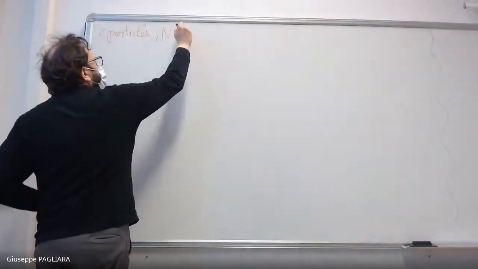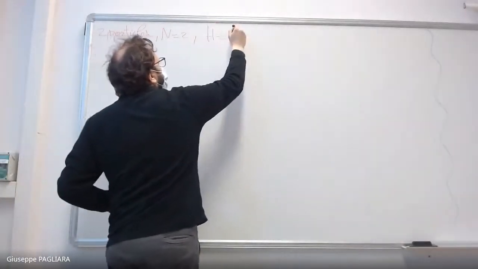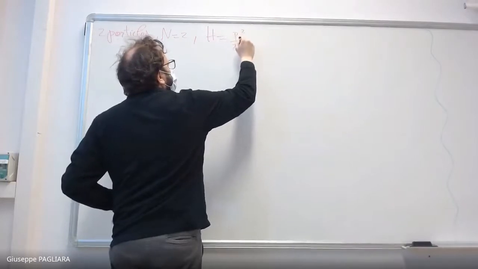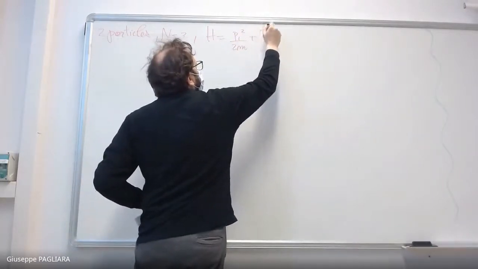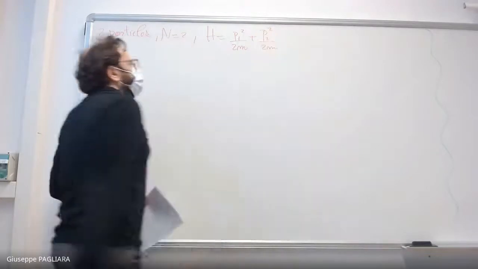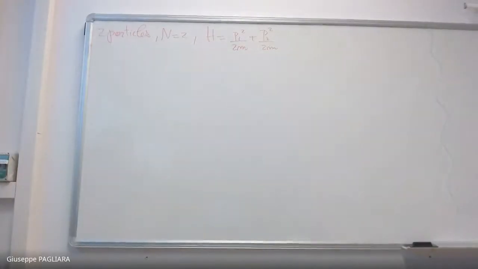And the Hamiltonian now, so N is equal to 2, is the sum of the 2 kinetic energies. And we are going to compute, as the last time, this matrix element: x1, x2, e to the minus beta H, x1 prime, x2 prime, which is the matrix element that is important to compute the density matrix.